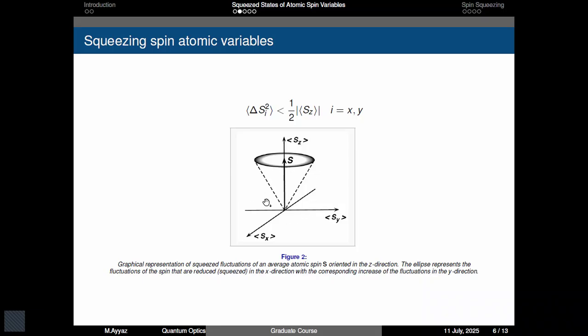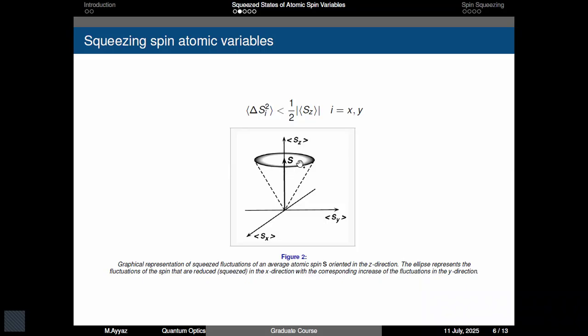So you could see a spin squeezed state of an atom, and we have a mean spin in the z direction, and we have a cloud of fluctuations in the x and y directions. These are quantum fluctuations, and they arise due to the uncertainty relation.